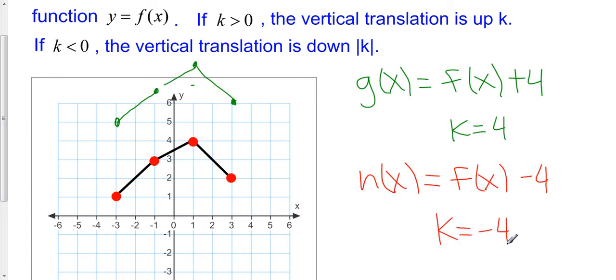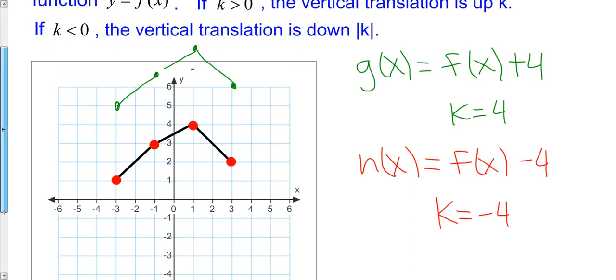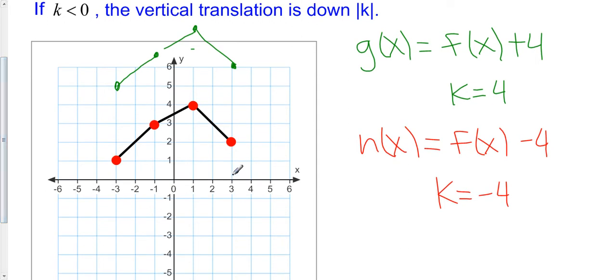That's going to go down the absolute value of k, so it's going to go down 4. 1, 2, 3, 4, and I have a new point there. So all I'm doing to translate the graph, once I know what direction it's going and what distance it's going in a vertical translation, is taking the key points of the graph and moving those key points in that direction.